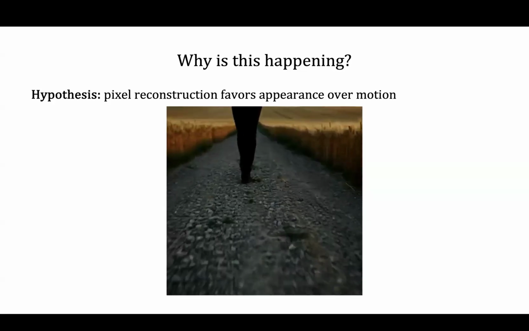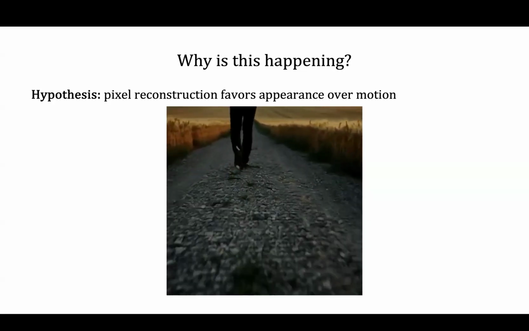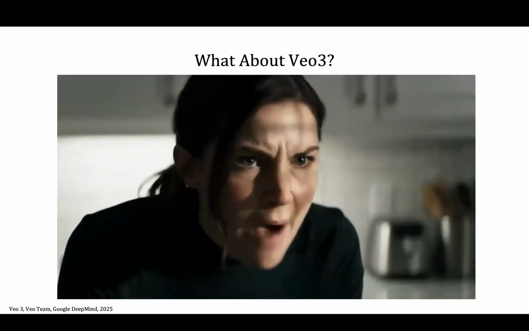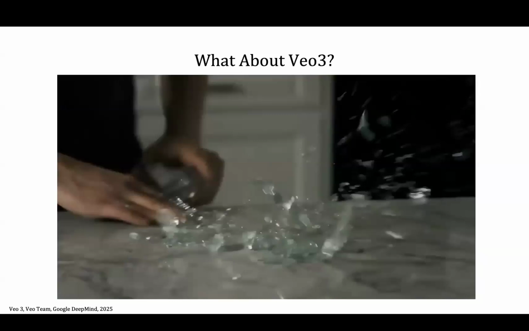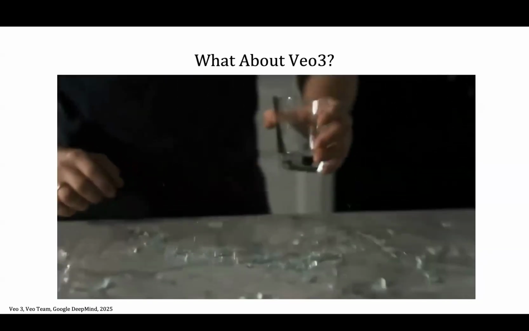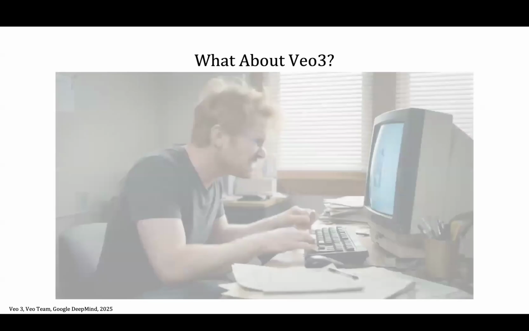Okay, so you might ask yourselves, what happened with Veo 3? It looks super amazing. So I don't have access to Veo 3, but I was able to find a few videos to show you that this problem still holds for Veo 3. I muted this video because the woman is pretty angry. So she breaks the glass and then the glass magically reappears.